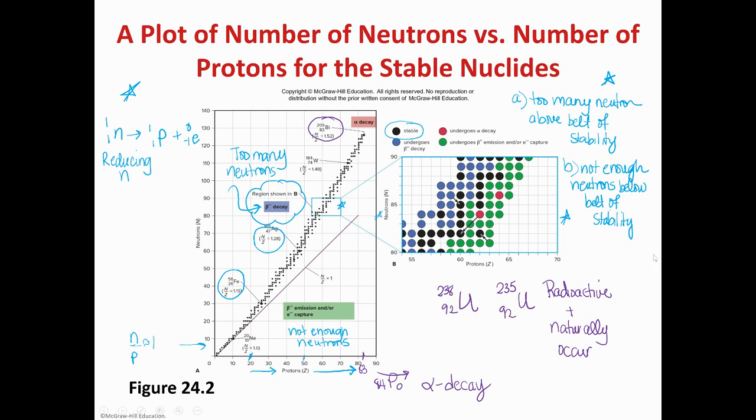Why are they still around if they decay? It's because, as we'll see in a moment, their half-lives can be ridiculously long, 100 million years for half of the sample to decay. So they take forever to decay.